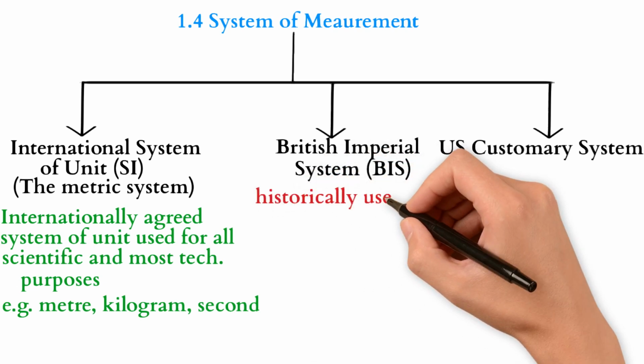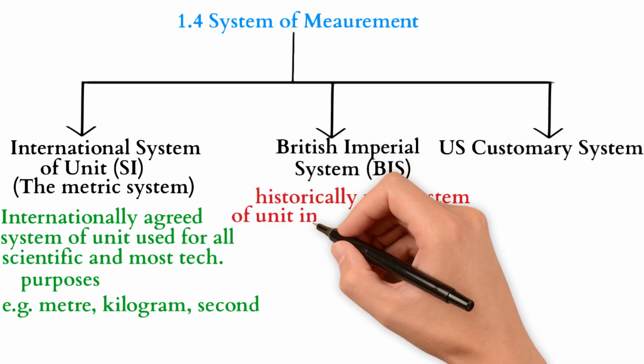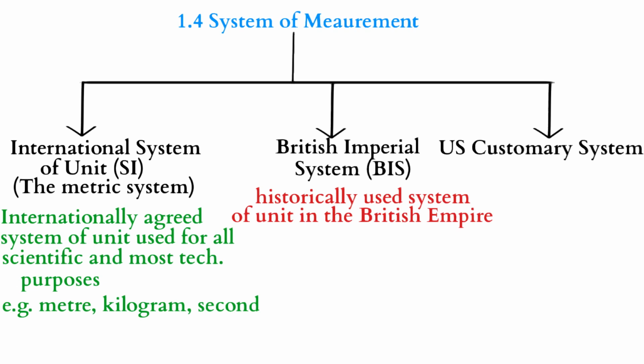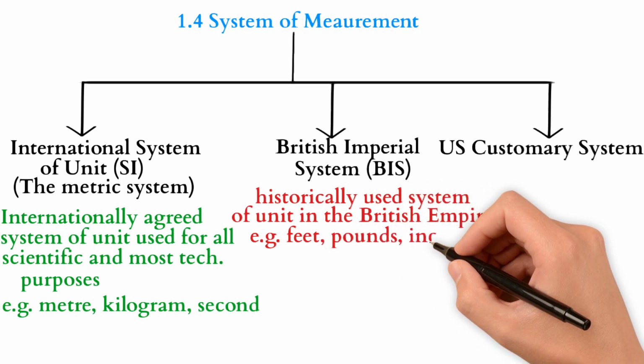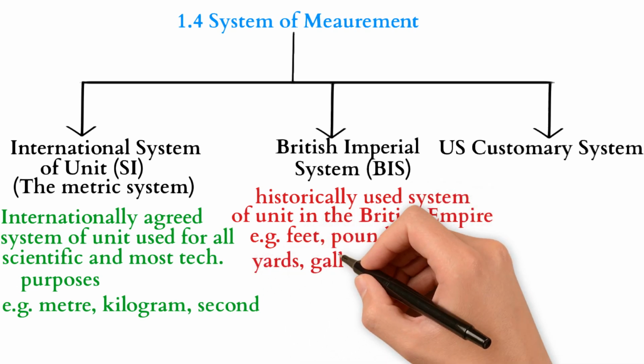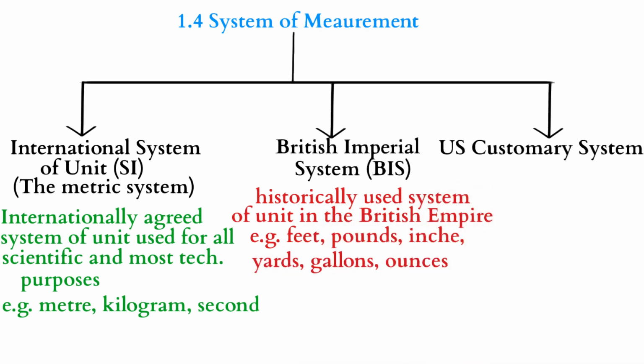The British Imperial System, on the other hand, is a historically used system of units in the British Empire. It still applies today in some contexts in the UK and a few other countries. Units like feet, pounds, gallons, ounces, inch, yards are units defined under this system.